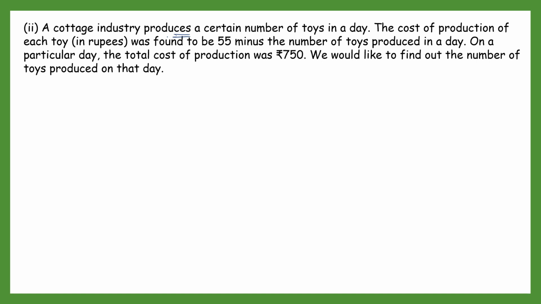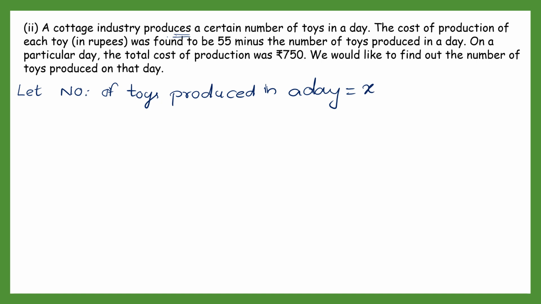Okay. So first assume that let number of toys produced in a day, in one day, is x. In one day it will produce x toys. They are telling cost of production of each toy.